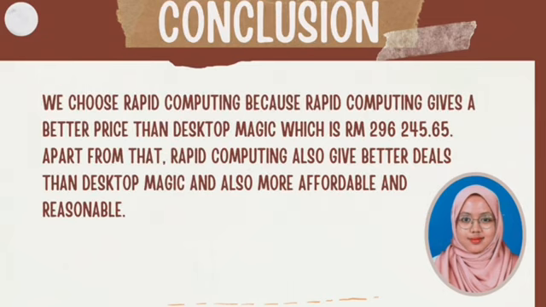So the conclusion is we choose Rapid Computing because Rapid Computing gives a better price than Desktop Magic, which is 296,245.65 ringgit. Apart from that, Rapid Computing also gives better deals than Desktop Magic and is more affordable and reasonable.